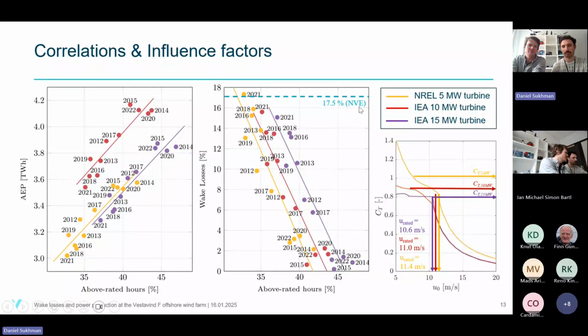This is, for example, why we have a very similar correlation for the 15 megawatt and the 5 megawatt turbine here. The 10 megawatt turbine has a more advantageous correlation because it has a rather low rated wind speed and an intermediate thrust coefficient.